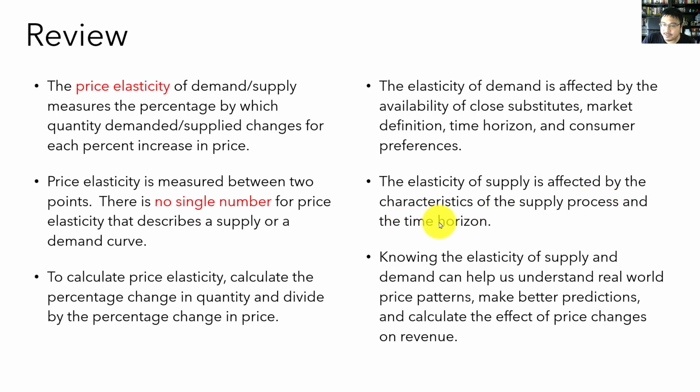And it also depends on the time horizon, just like with demand curves. And finally, the purpose for knowing the elasticity of supply and demand is that it can help us understand the real-world price patterns that we observe. It can help us make better predictions about market outcomes, and it can help us calculate the effect of price changes on revenues.